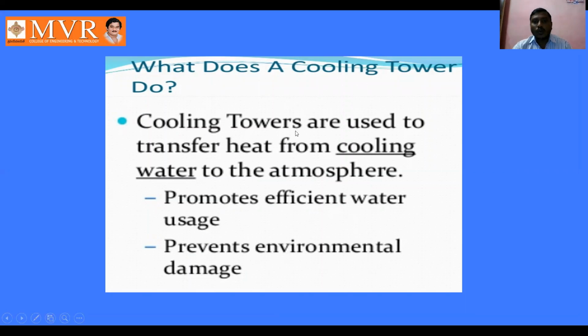Cooling towers are used to transfer heat from cooling water to the atmosphere. It promotes efficient water usage and prevents environmental damage also.